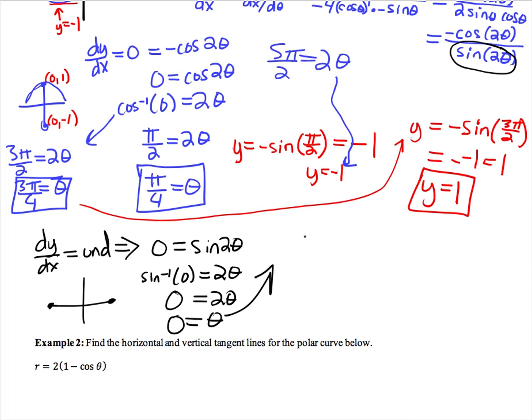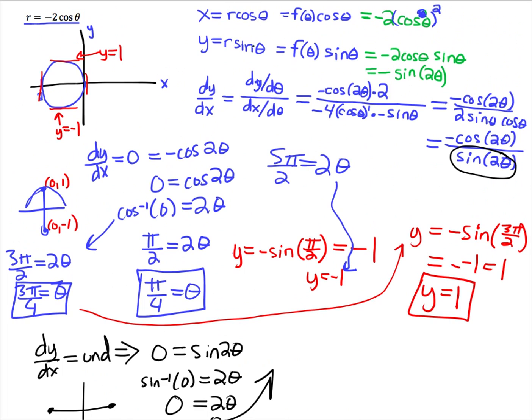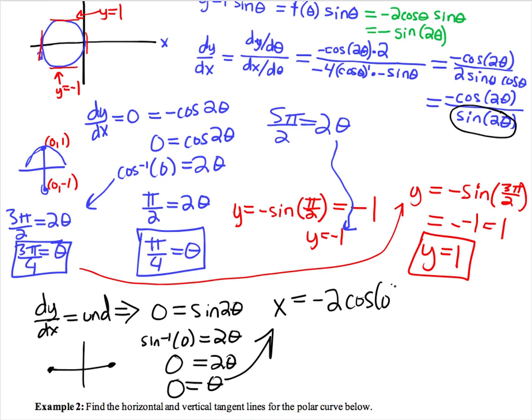So if I put theta equals 0 in, I could of course put this in for x and for y. You could do both. That'd be fine. Then you'd find the point that has a derivative that's undefined, or in other words, a vertical slope. But I think I'm really just interested in the x, so I'm going to focus on the x, because that'll give me my x line that I'm going to get for vertical. So I'm going to say x equals negative 2 cosine of, what was our angle here? 0.